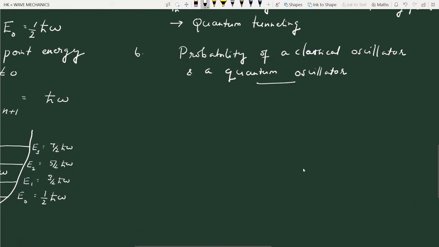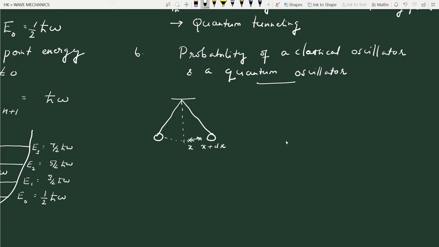Consider a classical oscillator like this, for example a simple pendulum. This is the mean position. It oscillates like this. Let me consider two points here, let us say x and another point x plus dx. They are nearby points.